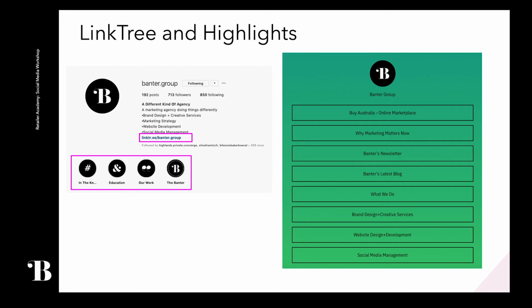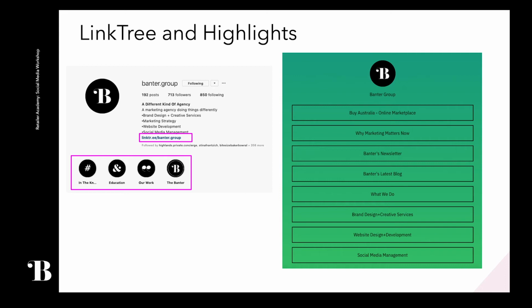And then lastly, in the know, so things that we're aware of within marketing, within branding, and other customer storytelling. So when we create our stories, we actually put them into one of these highlight buckets, so that if you would like to go and look at all of our work, all the stories that we've created will live on in these buckets, in these highlights, as long as you create them.